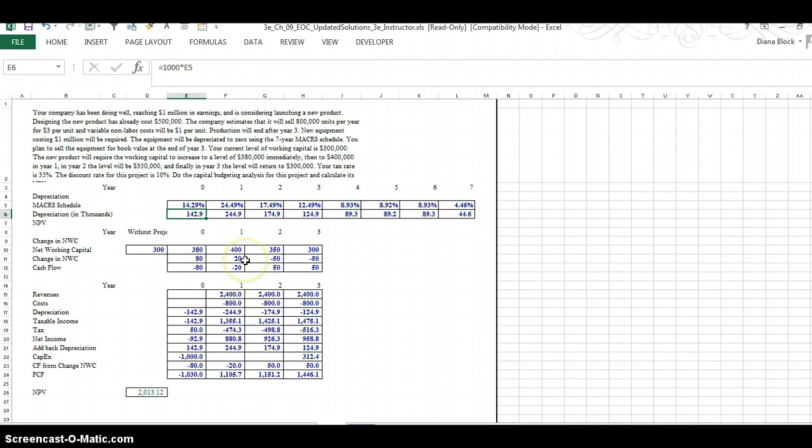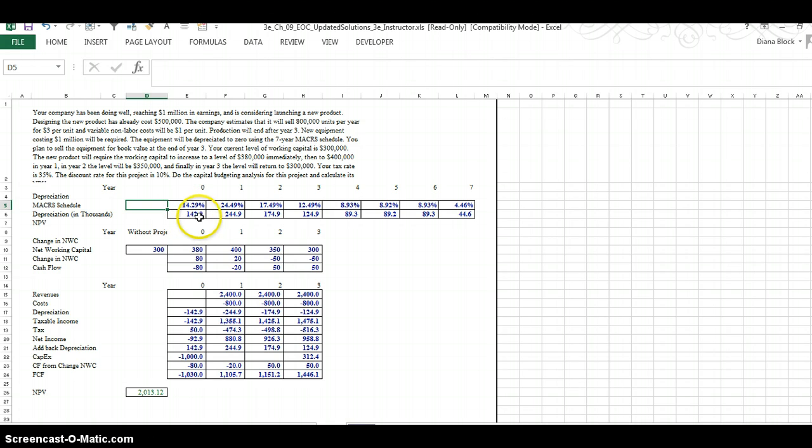So what you're going to do when you calculate depreciation is you're going to take the cost of your equipment, whatever the cost is of the equipment in your particular problem, and multiply that times these particular percentages so that you can get the depreciation amounts for each year. So in my problem, the equipment cost is $1 million.